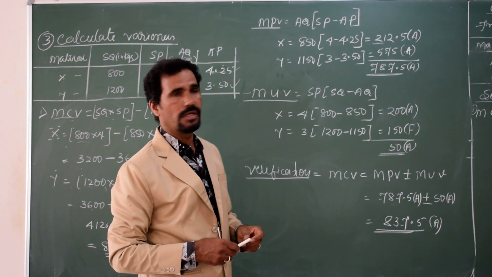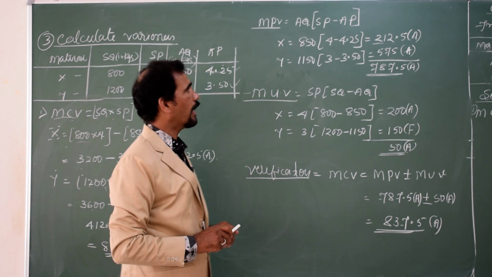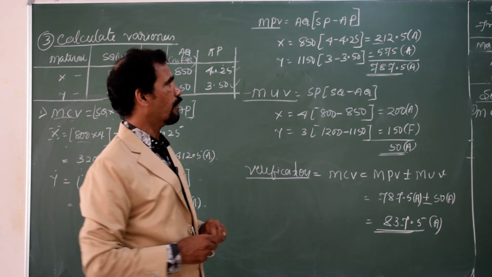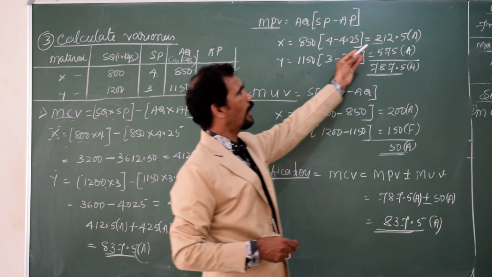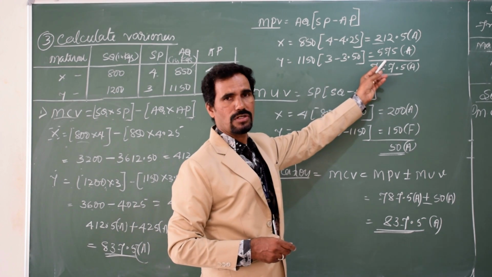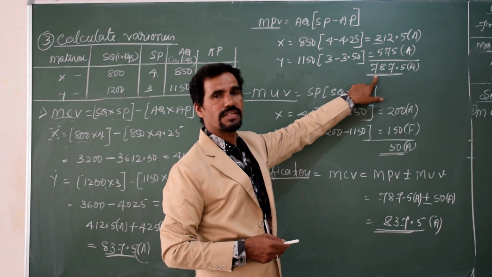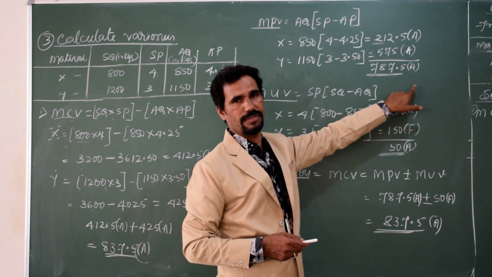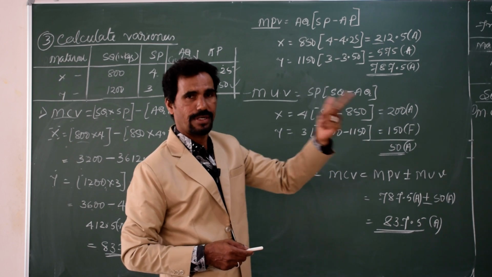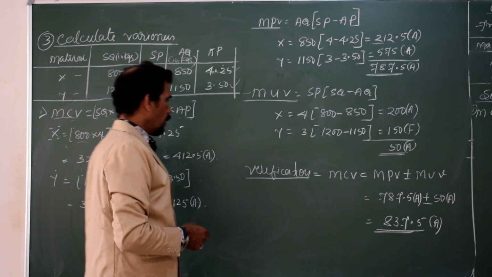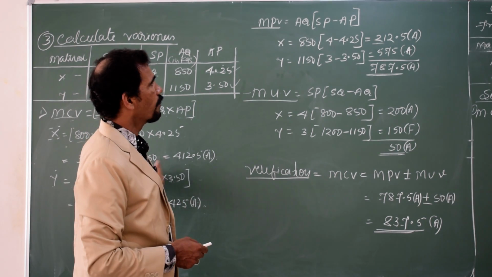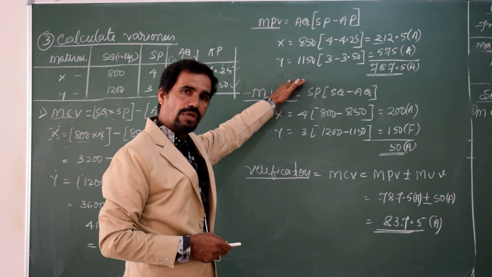Here material X is adverse and Y is also adverse, so 212.5 adverse and 575 adverse should both be added. Total answer 787.5 is adverse. In the previous example, one was adverse and one favorable, but here the cost variance and the price variance are both adverse.